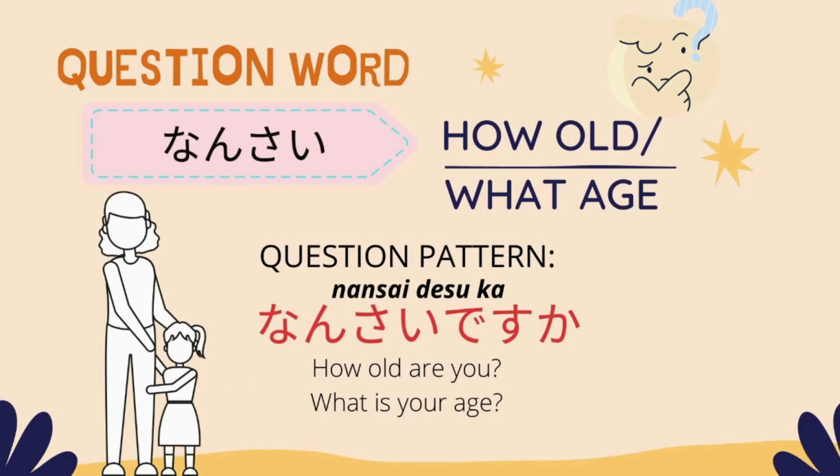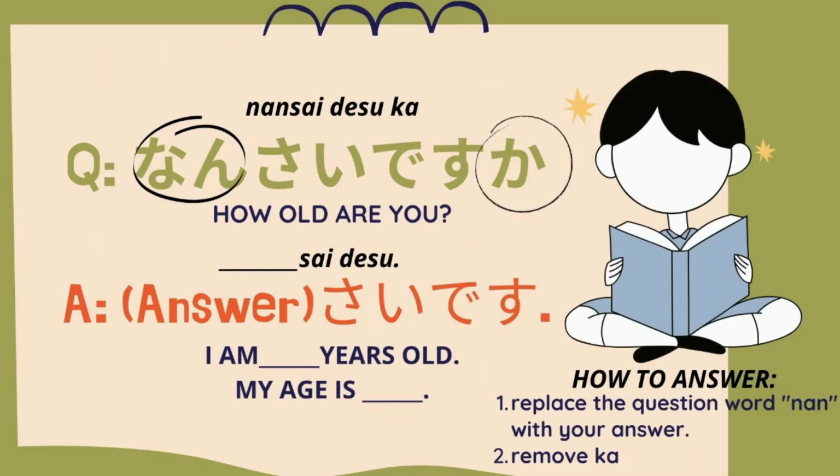desu. Our next question word is nansai or how old and what age. Our question pattern is nansai desu ka or how old are you and what is your age. Answering nansai desu ka is the same as answering other questions earlier.